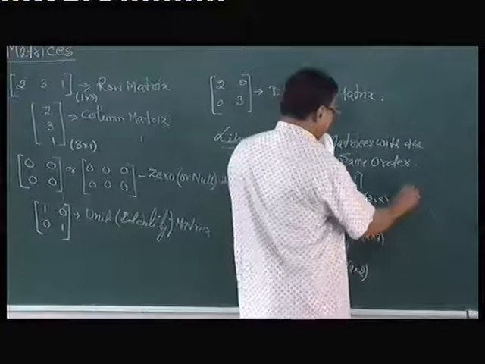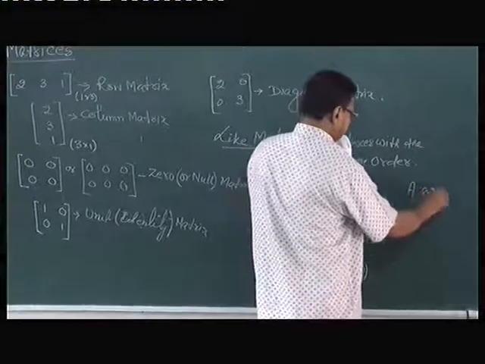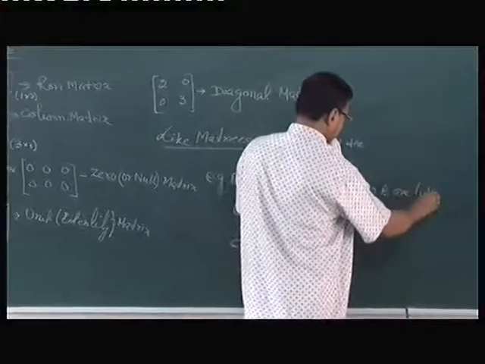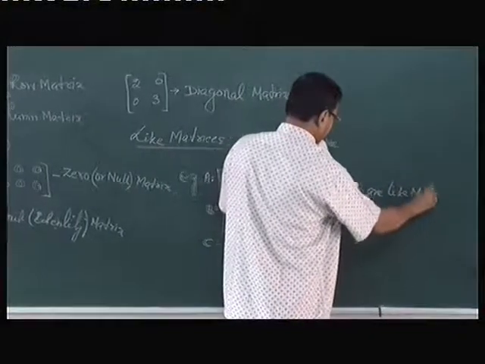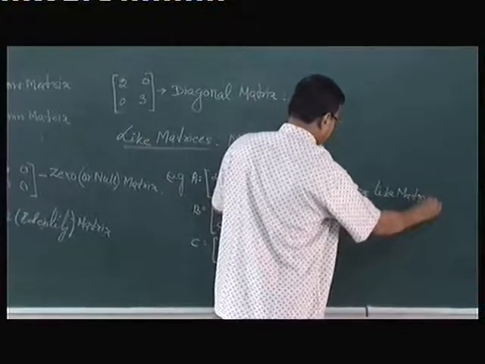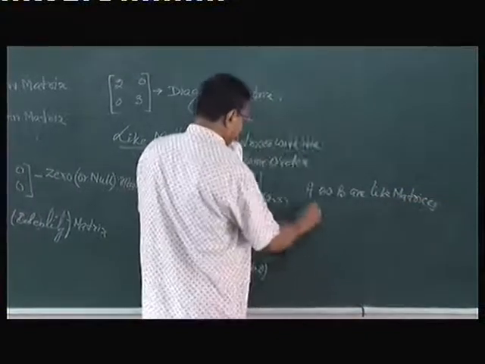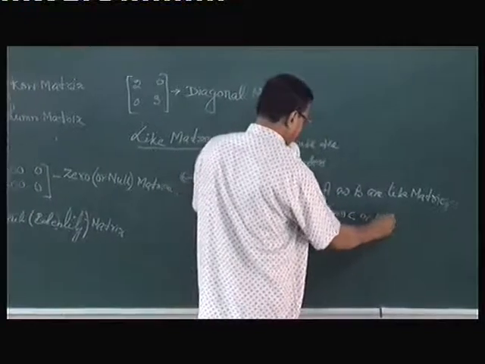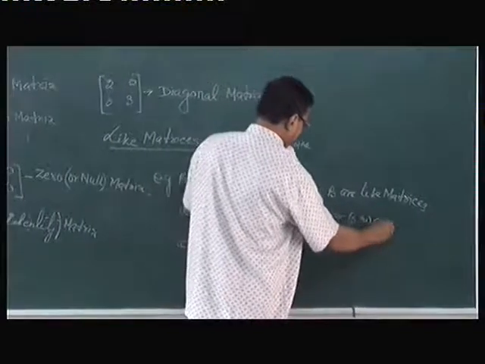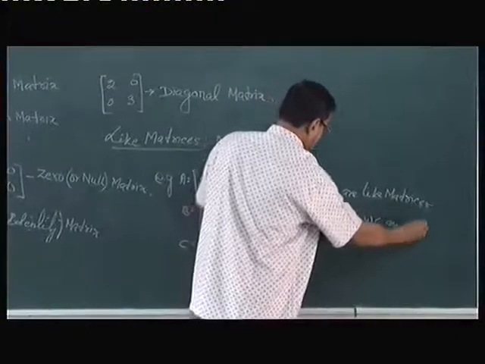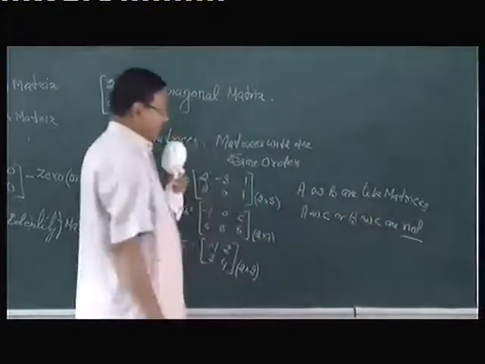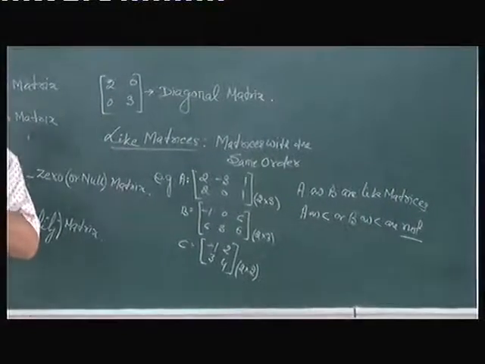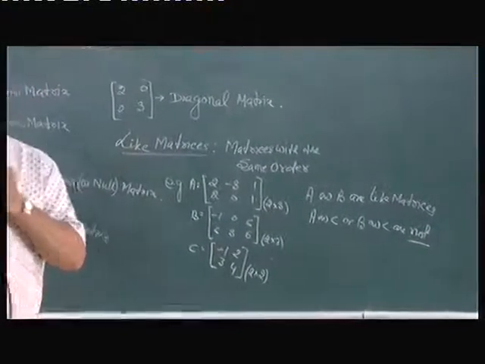So A and B are like, but A and C or B and C are not like matrices.